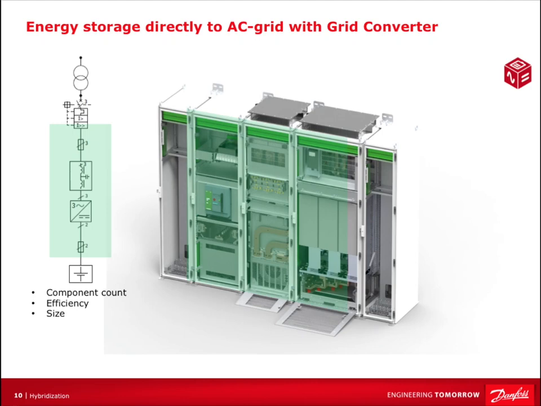There could be additional battery management systems that are required that come from the manufacturer, for example. And this sort of simplifies the solution. This could be in an indoor type of enclosure like you see here, or it could be put into an outdoor containerized type of application, for example.